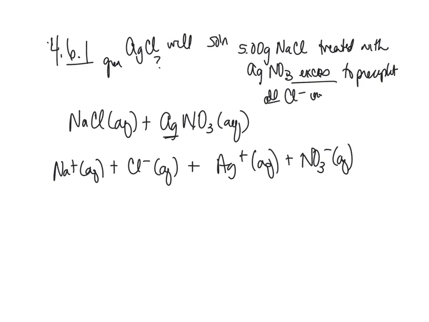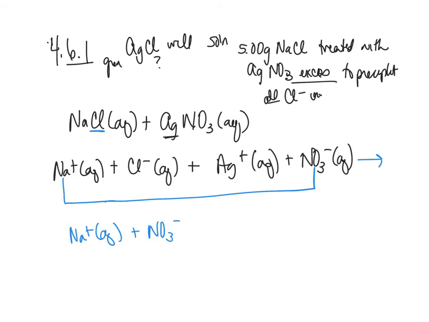So you break those up into your ions, and then you do-si-do. Now sodium's with nitrate, so that's sodium nitrate, and sodium and nitrate are always aqueous. Then the silver partners with the chloride, and that is insoluble, so that's going to precipitate.